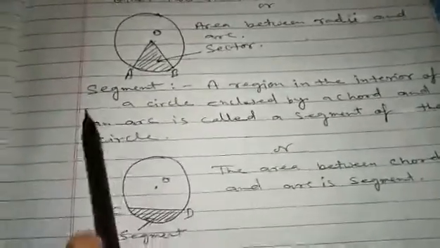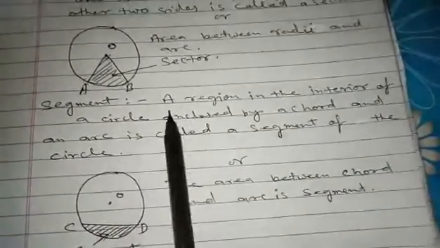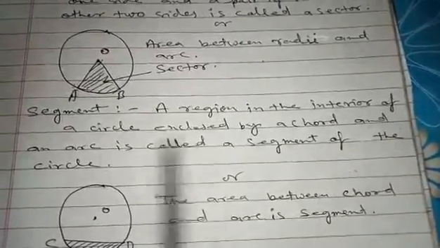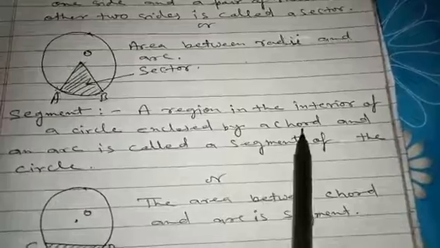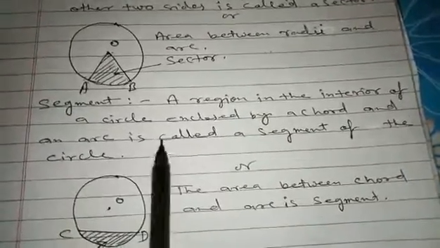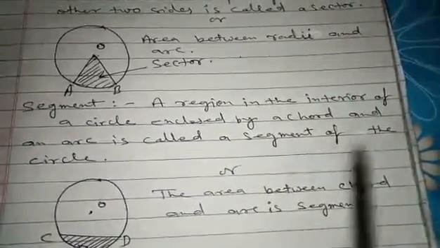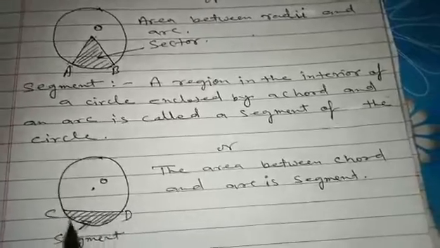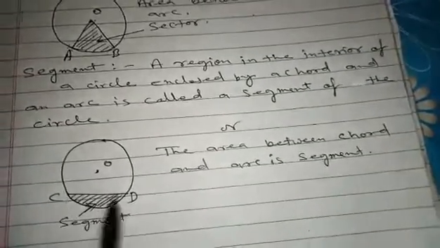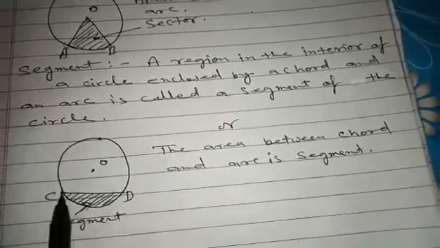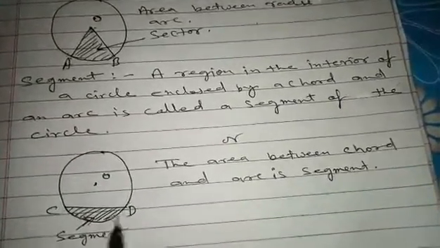Next topic is segment. A region in the interior of a circle enclosed by a chord and an arc is called a segment of the circle. You can see it is a circle. CD is a chord and this is an arc.